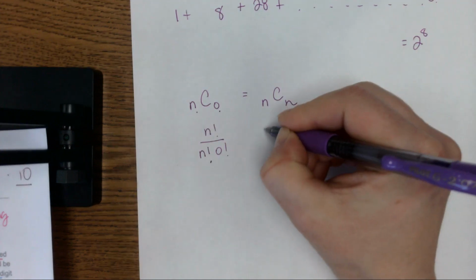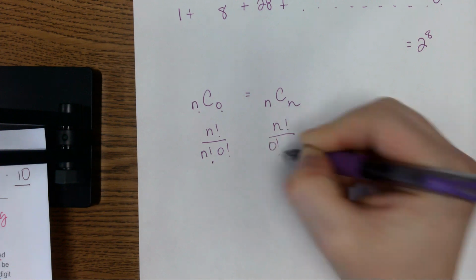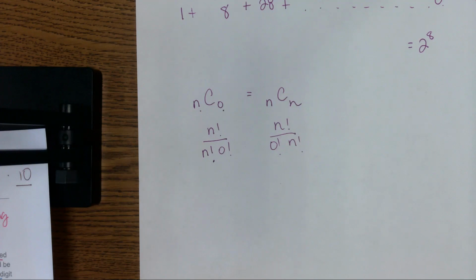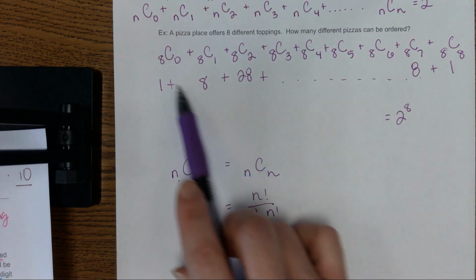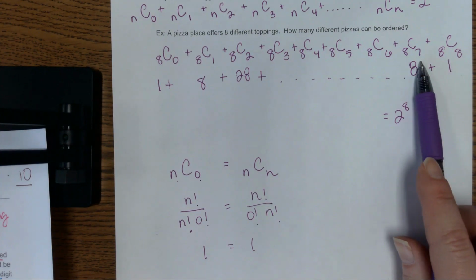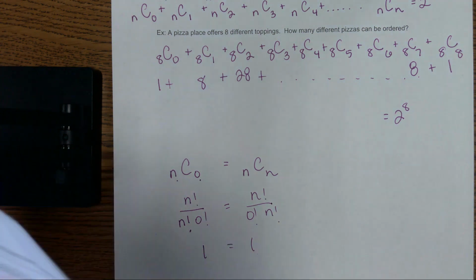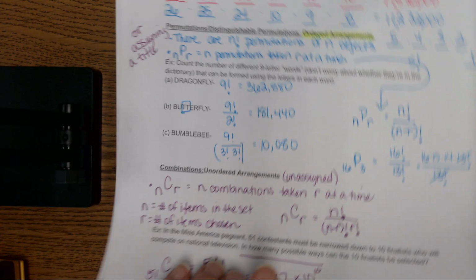Both of those things equal 1. Same thing with NC1 and NC(N minus 1), because when you subtract the number, it gives you the R. These two things just flip places in the formulas, so they end up giving you the same result. That's true of all combinations.